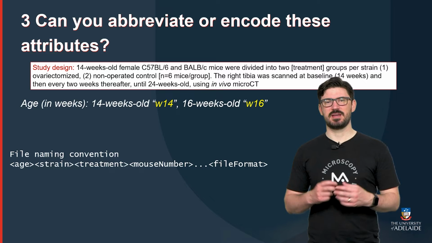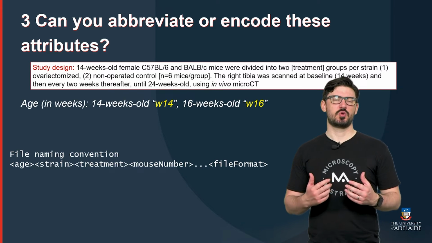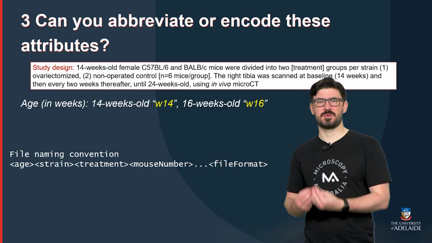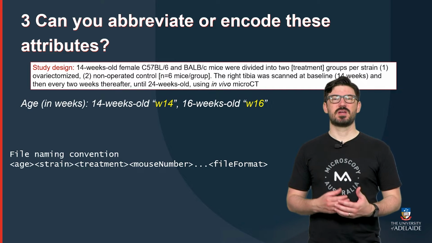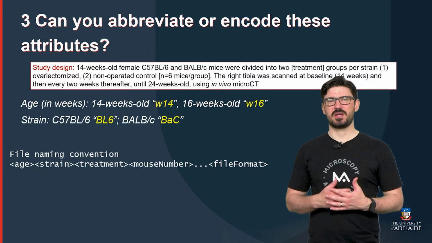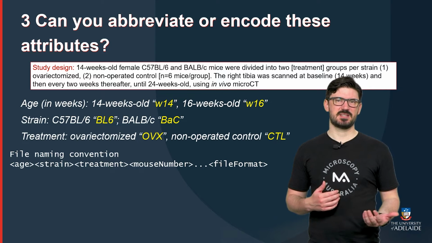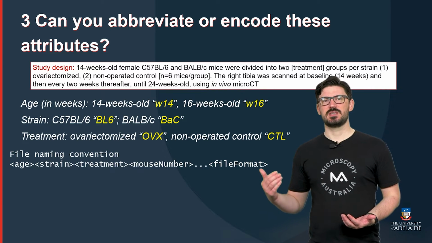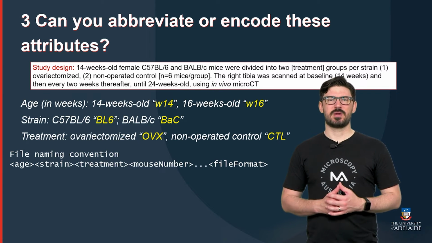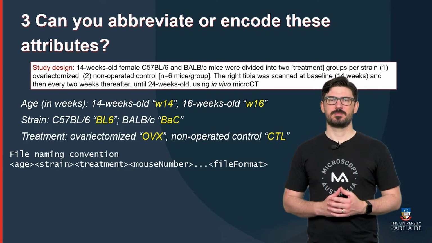We can abbreviate as W and some 2-digit number. So for example, 14 weeks old is abbreviated as W14, 16 weeks old as W16, etc. And similar for mouse strain and treatment group. C57 black 6 is BL6, bulb C is BAC, ovariectomized is OVX, and the non-operated control group is CTL.